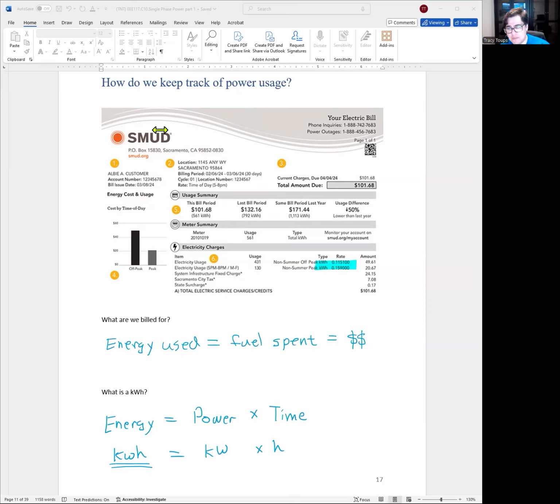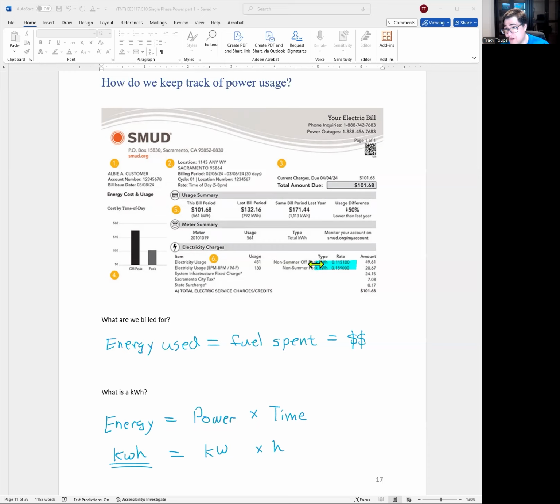So we have a very typical SMUD power bill. If you look through everything, the thing that matters the most is right here, your rate. This is how many dollars you pay per kilowatt hour. On a non-summer off-peak load, so basically at night, it's January, February, so it's not summer.